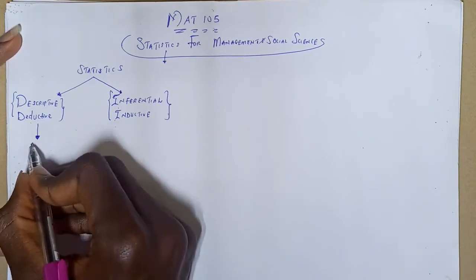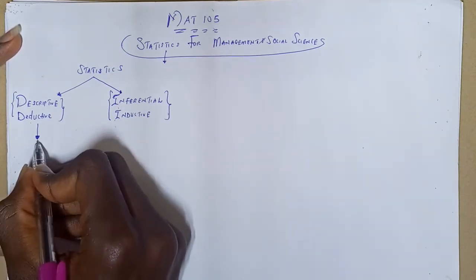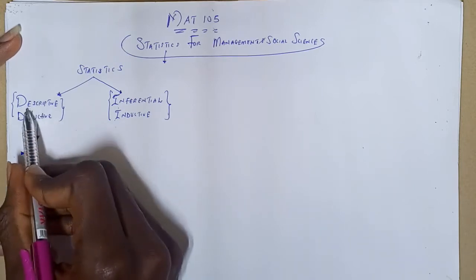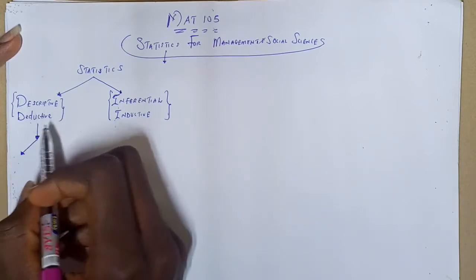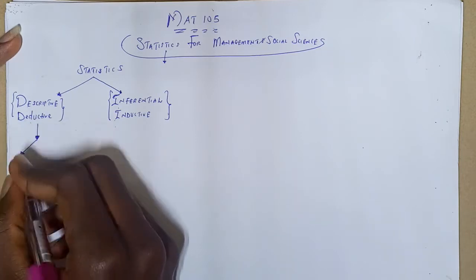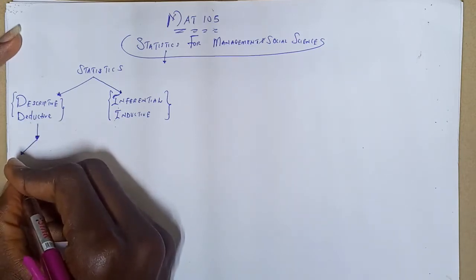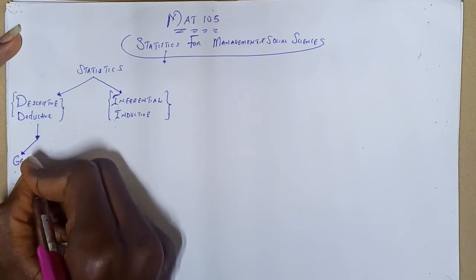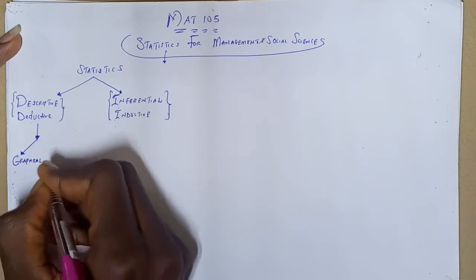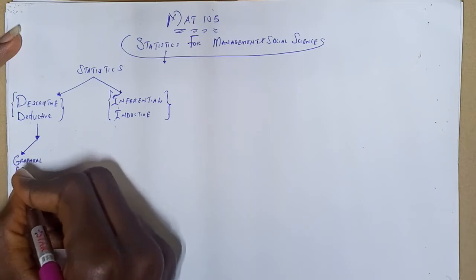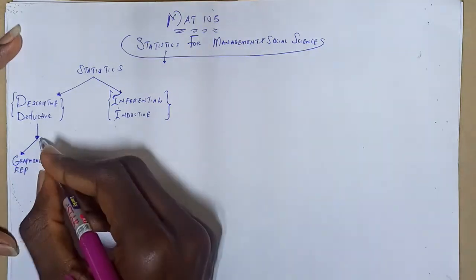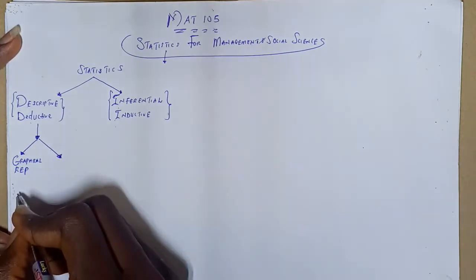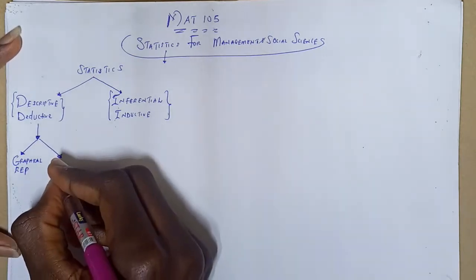So the first one, if I decide to split it: we can describe a data graphically. That's the first one. Graphical representation, that's what we call it. The second part is we can describe a data diagrammatically.